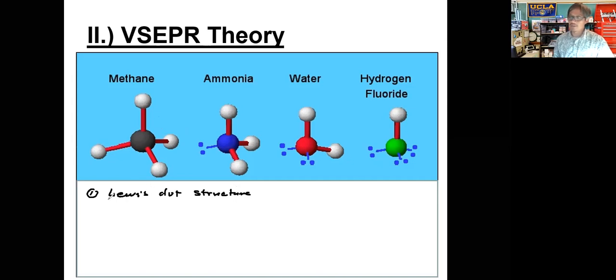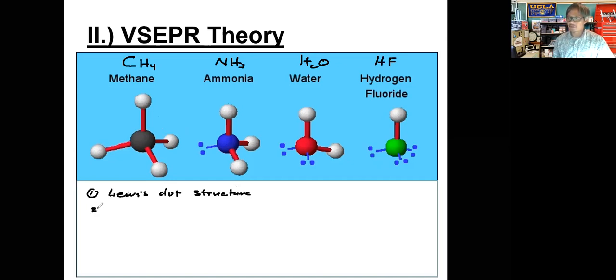But if I give you the formula, for example, the formula for methane is CH4, the formula for ammonia is NH3, the formula for water is H2O, and the formula for hydrogen fluoride is HF. If I give you just the formula, you should be able to draw the Lewis dot structure.